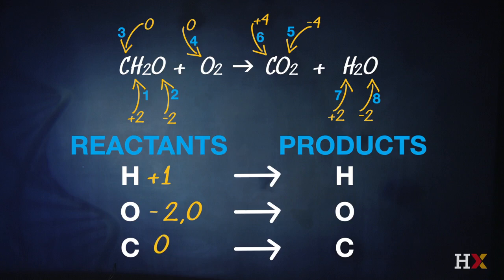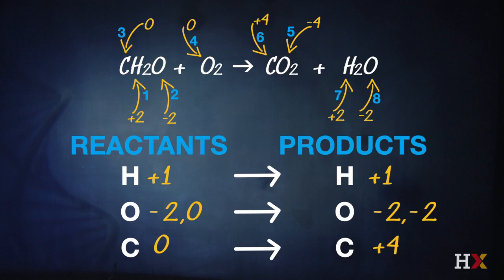On the product side, oxidation state of +1. For oxygen, we have oxidation state of -2 in one case and -2 in the other case. And the oxidation state for carbon is +4.